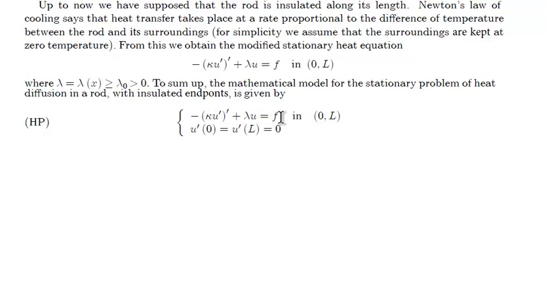As I said, this is a special case which can be generalized to any number of dimensions. If you have heat flow in a surface or a volume, for example, you get a similar equation, but instead of one variable, you'll get multivariables. Instead of an ordinary differential equation, you will get a partial differential equation. Okay, so that's it for this video.